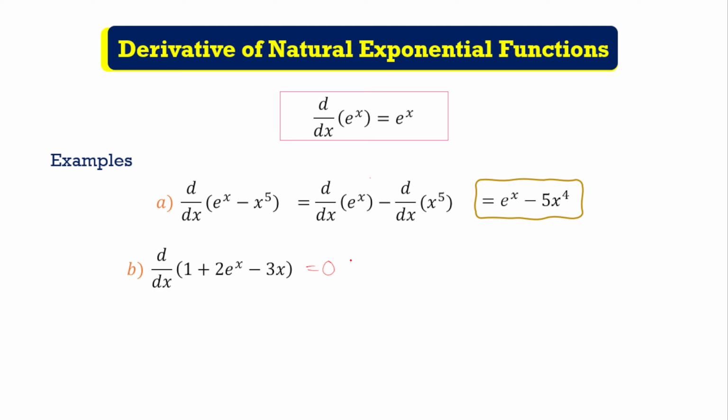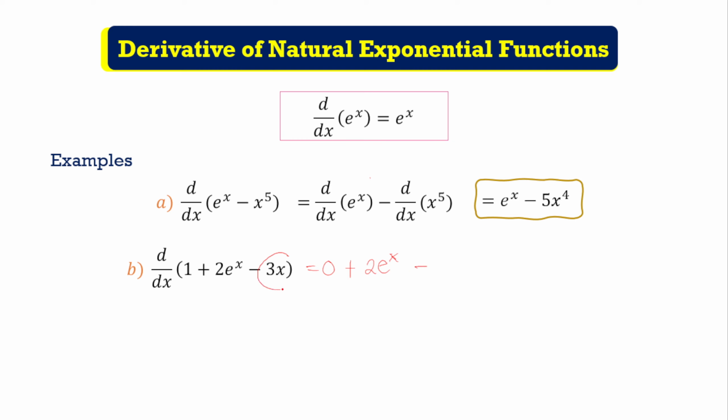The derivative of 2 e raised to x: first take out the 2, then get the derivative of e raised to x. The derivative of e raised to x is just itself, so 2 times e raised to x is 2 e raised to x.